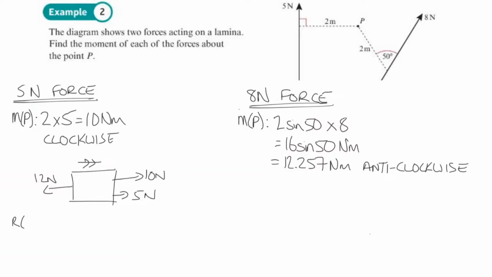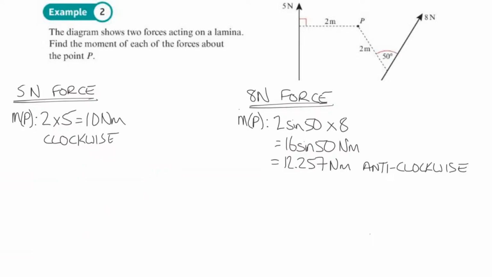So we'll say right is the positive direction. So we've got 10 and 5 newtons in the positive direction, and we have 12 newtons in the negative direction. Altogether, the resultant is positive 3. When we consider all of the forces at play and which direction they're moving in, which ones cancel each other out, we're left with 3 newtons to the right.